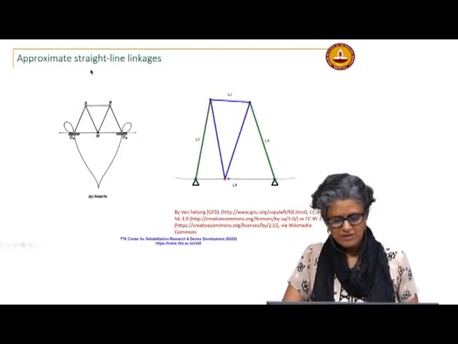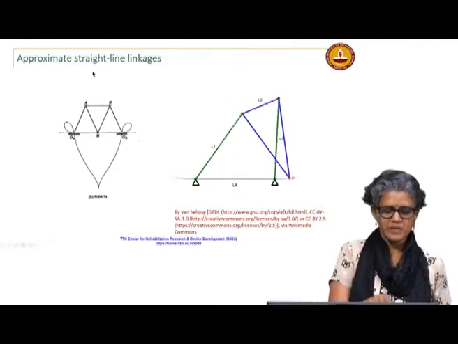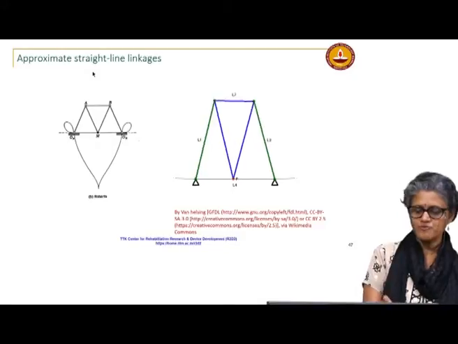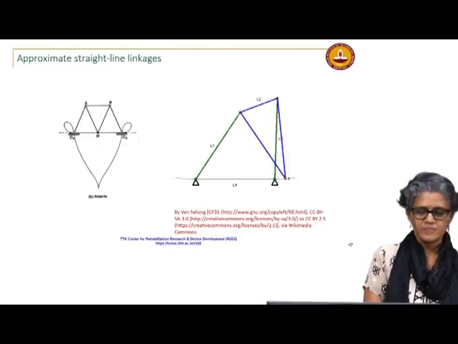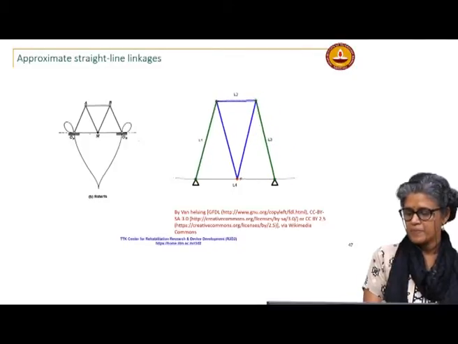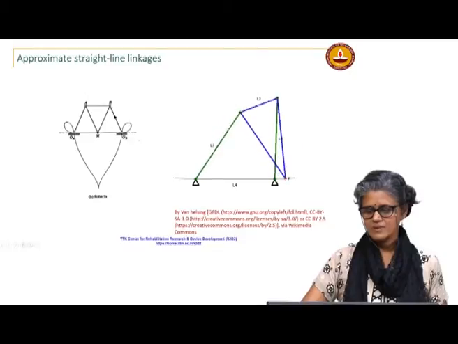Then you have the Roberts linkage, where the point P traces an approximate straight line between the two fixed pivots, point M here, P here. Okay.